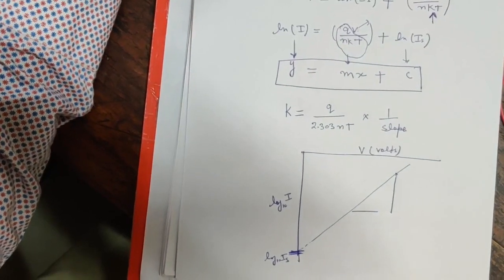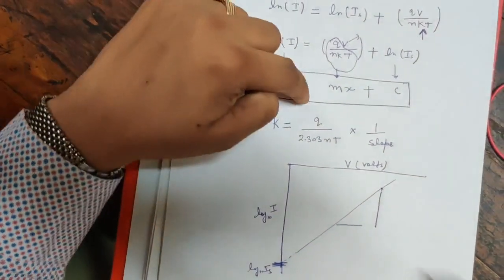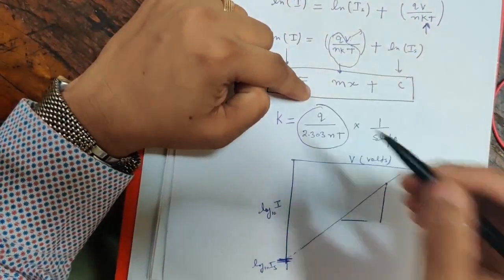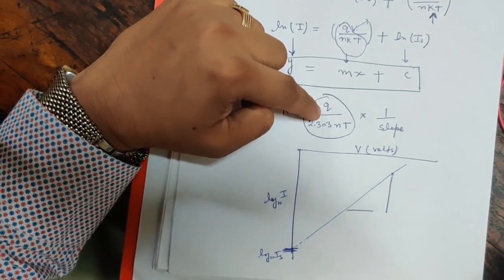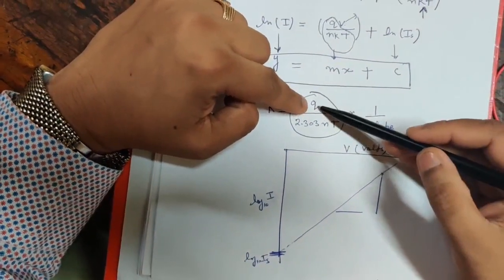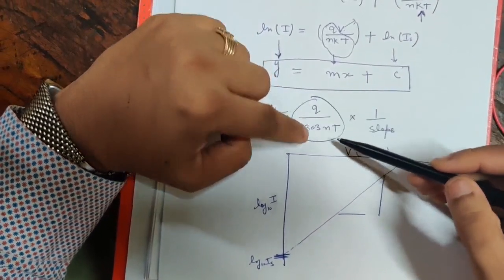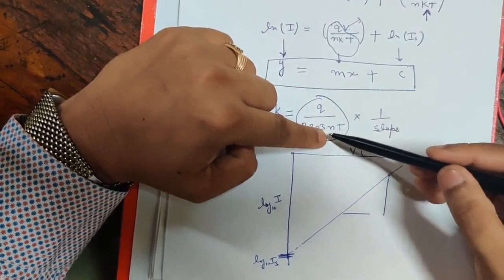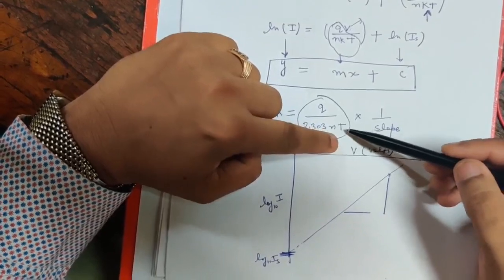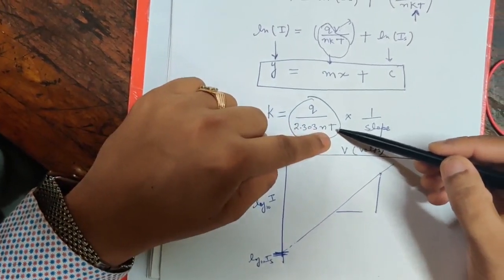Make a slope, and if I substitute all the values, because in this all these values are constant, right? We know the charge Q is nothing but 1.6 into 10 to the power minus 19 coulomb. The N value for germanium or silicon you can easily substitute here, and this is the temperature, right?